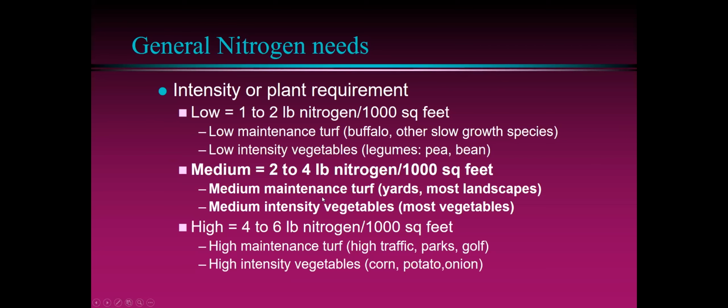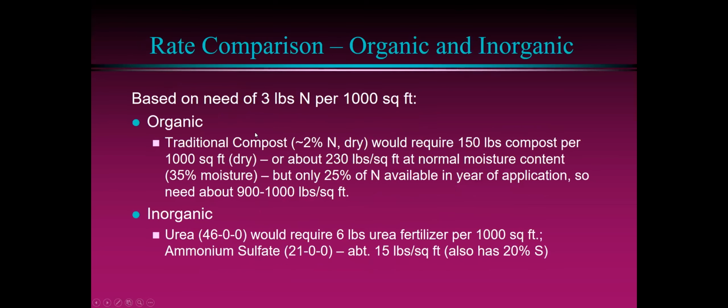If we take the midpoint of that as 3 pounds of need per 1,000 square feet, and we take a traditional compost, which might be, as we mentioned, about 2% nitrogen, it would require 150 pounds of compost dry to apply that 3 pounds of nitrogen that's needed.